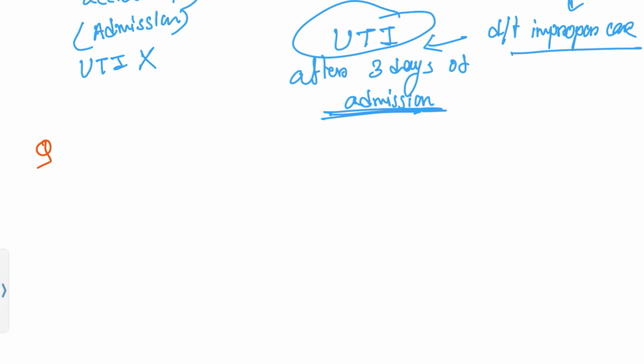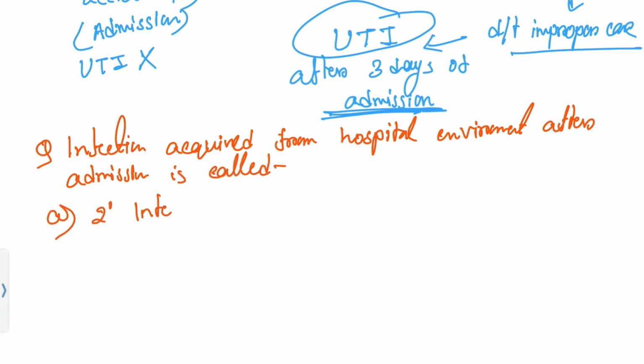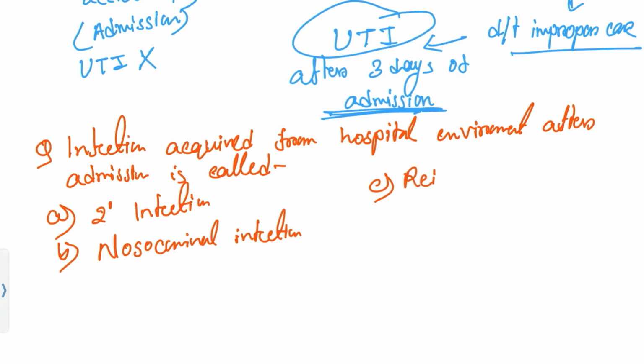Why am I providing this MCQ? So that you will understand which kind of MCQ comes from this theory portion. For that you need to clear your theory properly. The MCQ will be like this: infection acquired from the hospital environment after admission is called, and your options will be secondary infection, nosocomial infection, reinfection, or opportunistic infection.